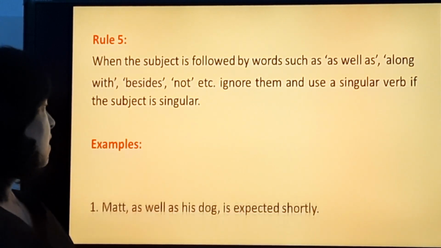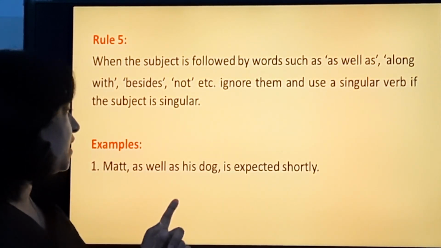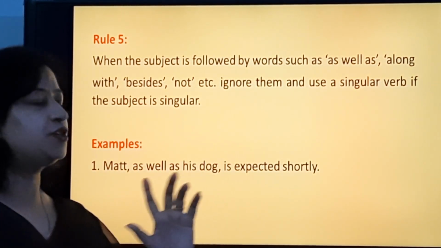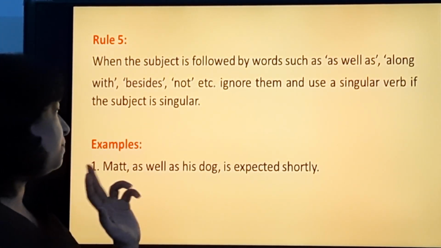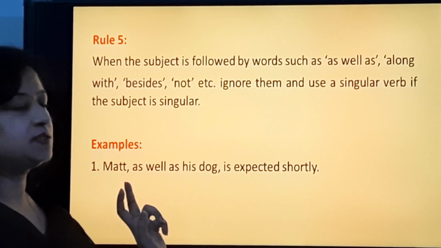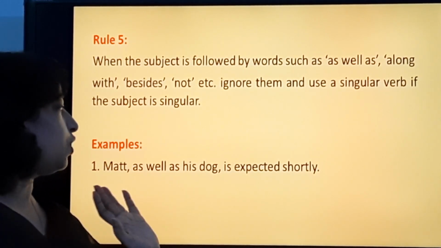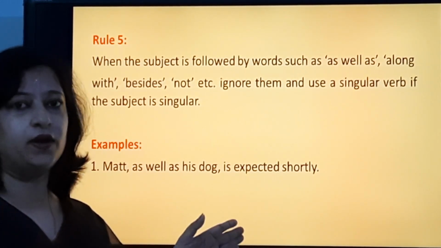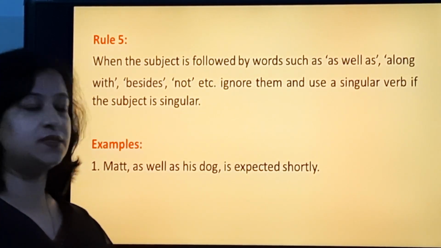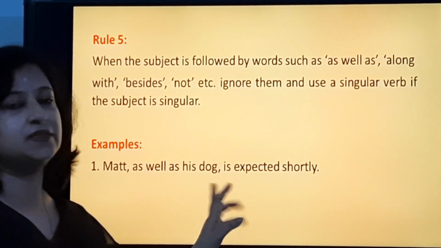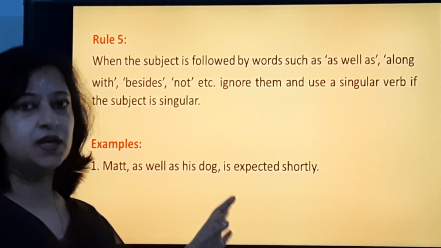How? Matt as well as his dog is expected shortly. Who is the subject here? Matt is our subject, but there is also the use of "as well as his dog". So we'll not count dog here. We'll focus only on the first subject, that is Matt, and accordingly "is" is used according to the singular subject.